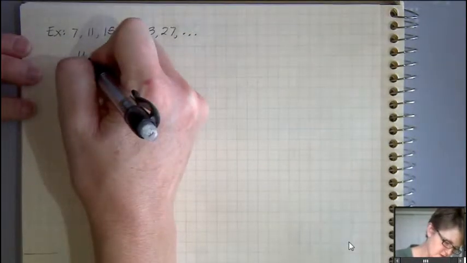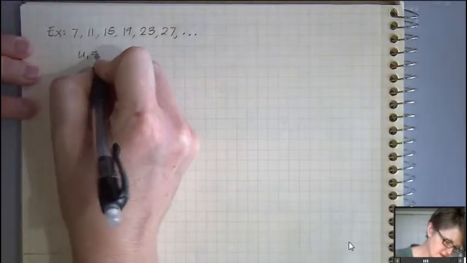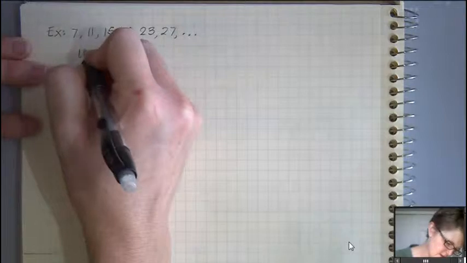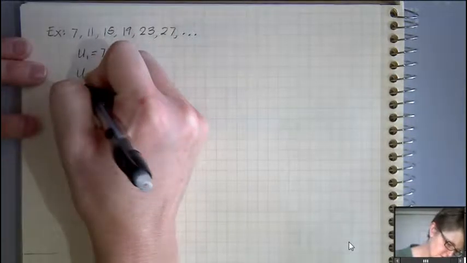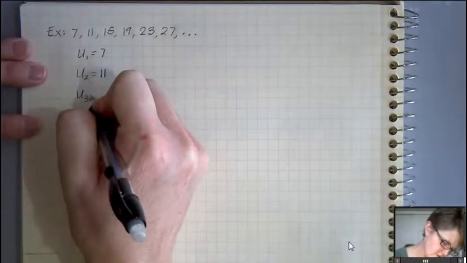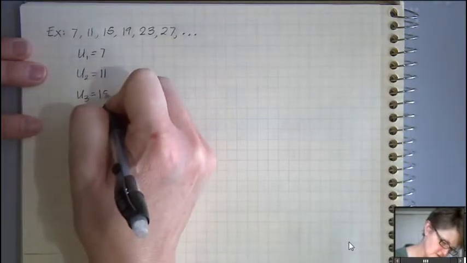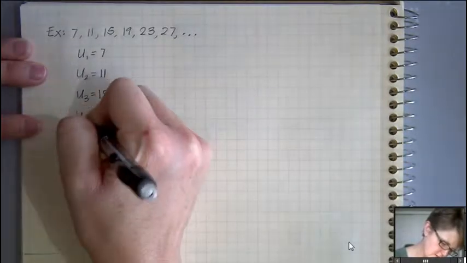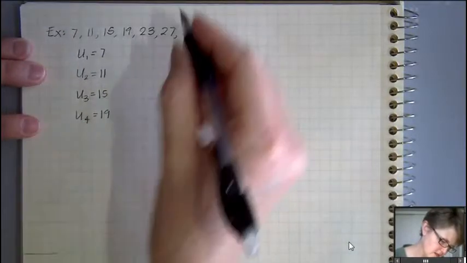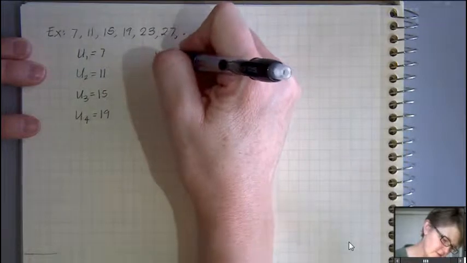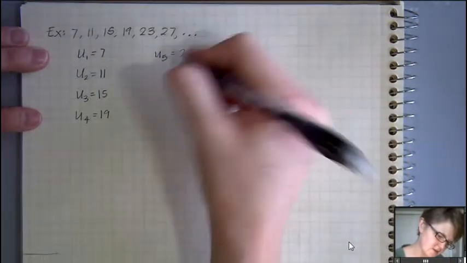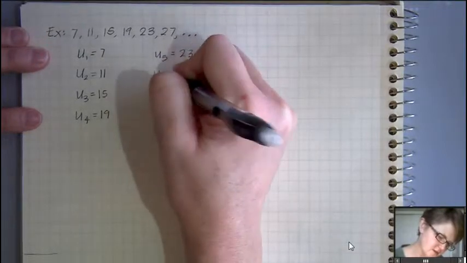We know that u sub 1 is equal to 7, u sub 2 equals 11, u sub 3 is equal to 15, u sub 4 is equal to 19, u sub 5 equals 23, u sub 6 equals 27.